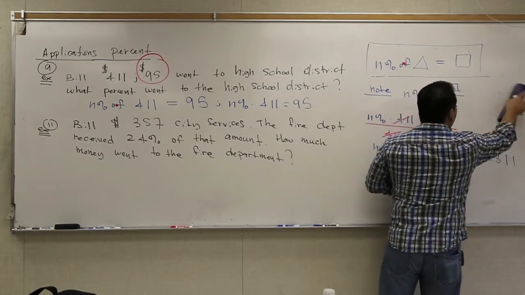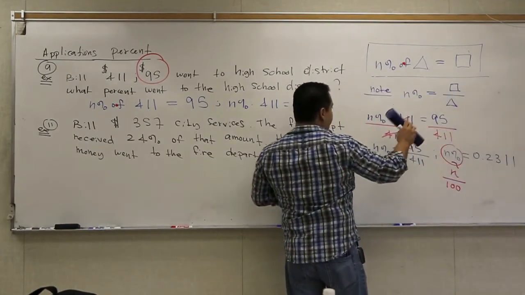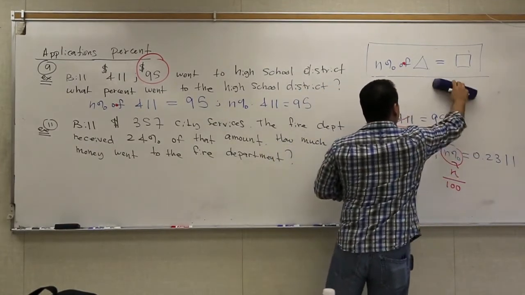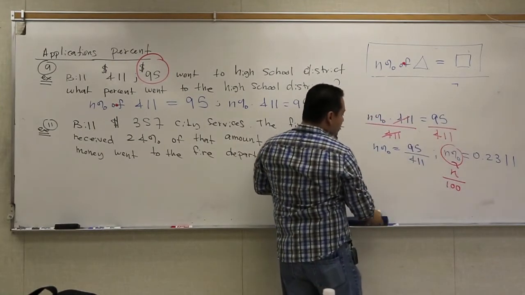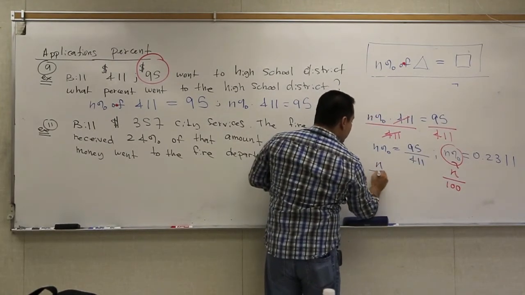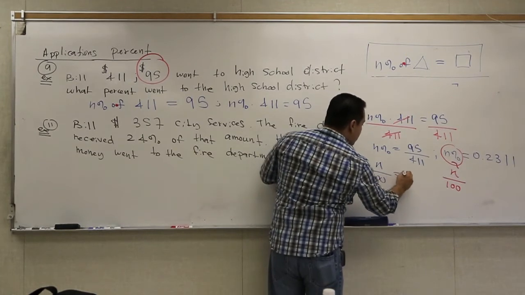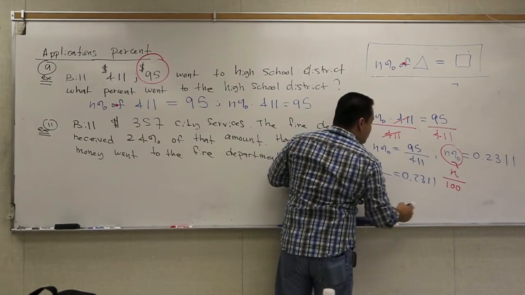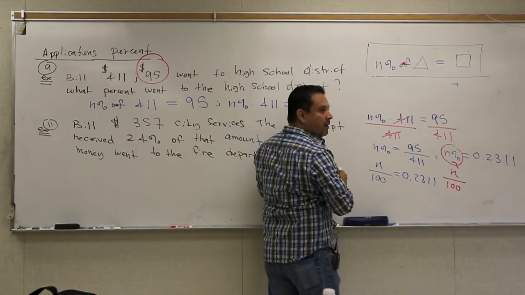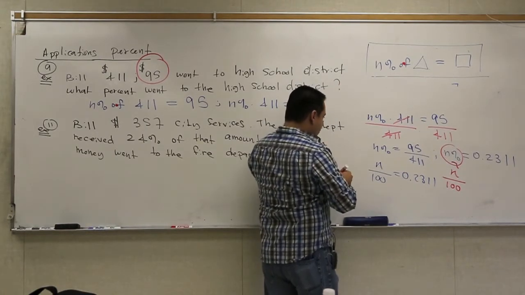We might be running out of space here. Let's put it down here. N over 100 equals 0.2311. If you solve for n, you have to multiply both sides by what? By 100.